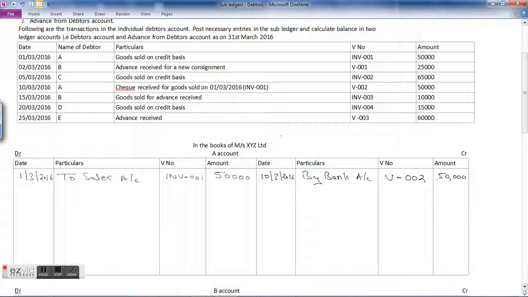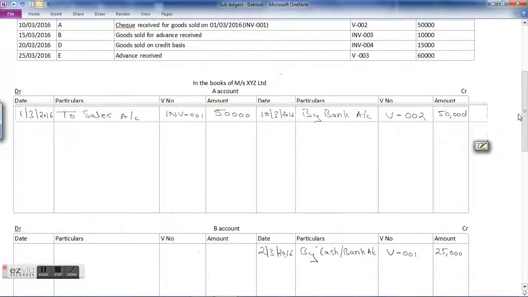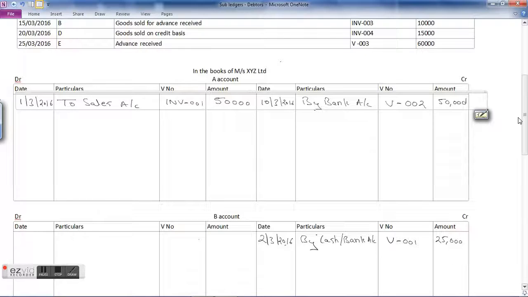Next, 15/3/2016, B, goods sold for advance received, INV 003, 10,000. So there was some advance which was received from B, against which the goods are sold. So the entry will be B's account debit to sales account.